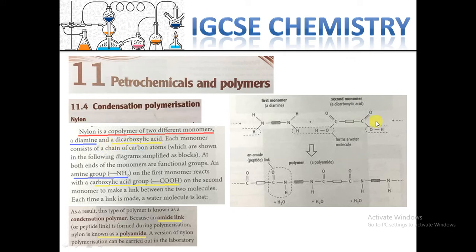Carboxylic acid means a compound that has a carboxylic acid group, that means COOH. If any compound has this chemical group, it is acidic, and the functional group is called the carboxylic group.